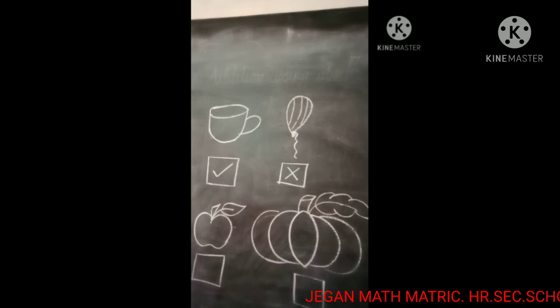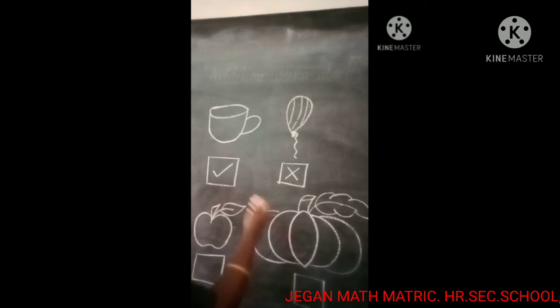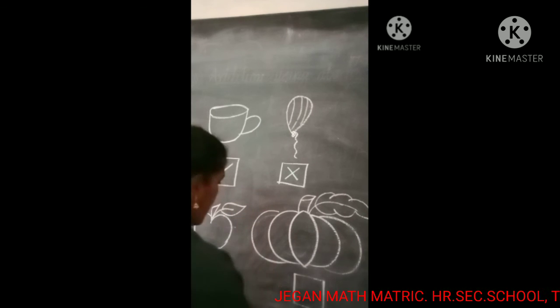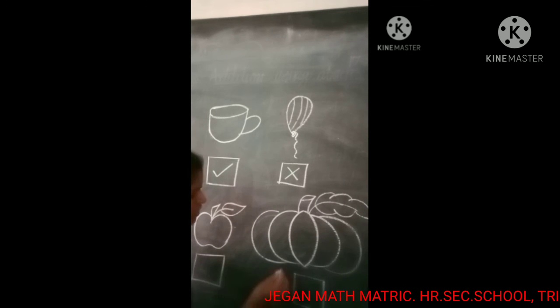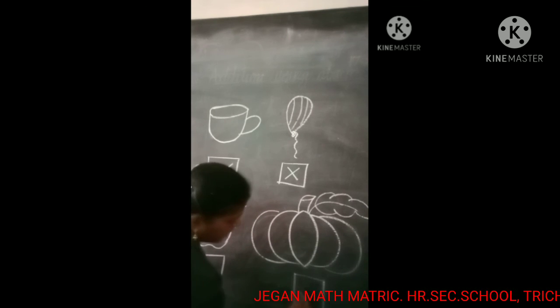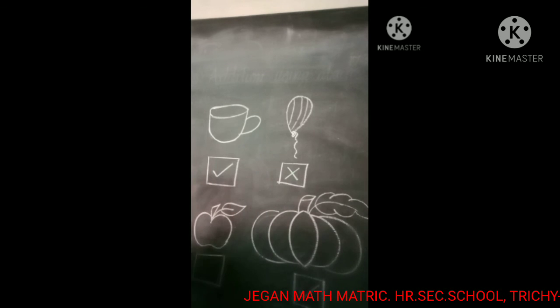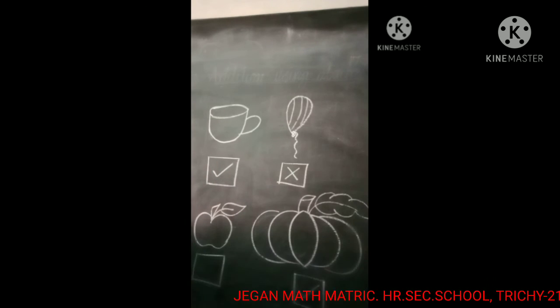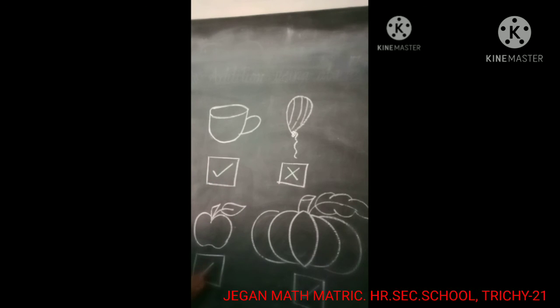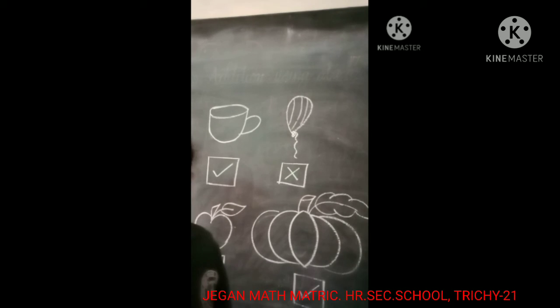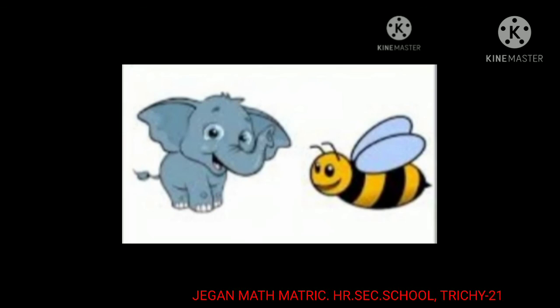Yes, very good. Pumpkin is a heavy object and apple is a light object. So tick the heavy object here and cross the light object.